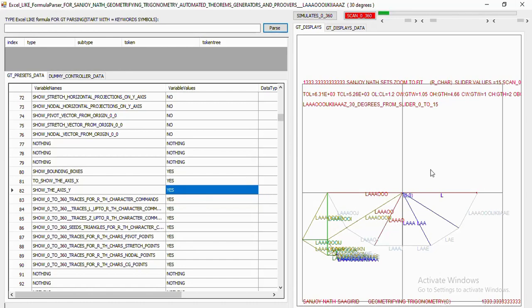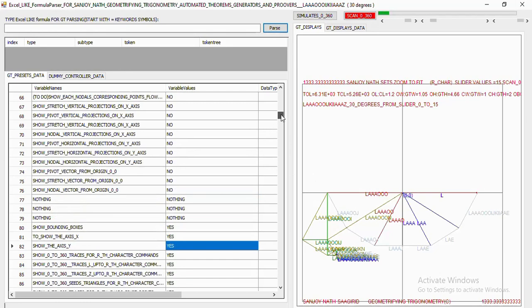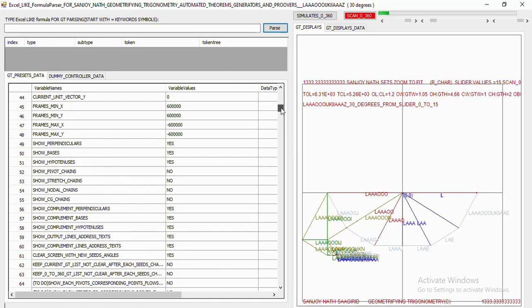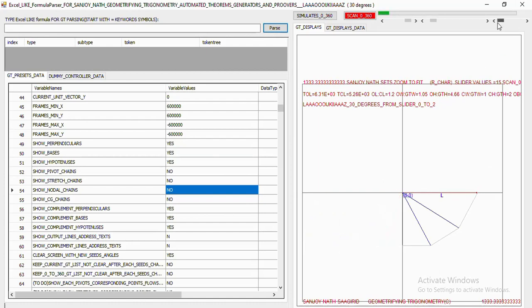Every line segment has an address, and if you want to stop those texts from coming, then you can put N, and then the addresses of these line segments will not come. Then you can visualize the Gtsimplexes only, and you can check the beauty of these Gtsimplexes.